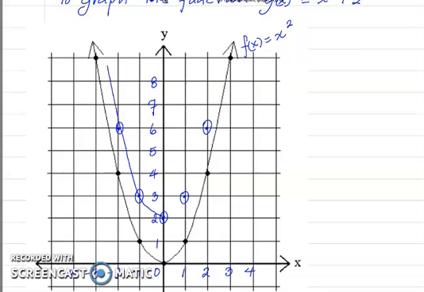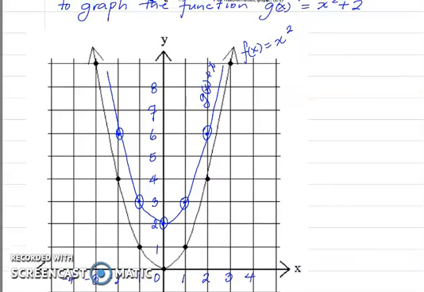So this would be the graph of g of x is equal to x squared plus 2.